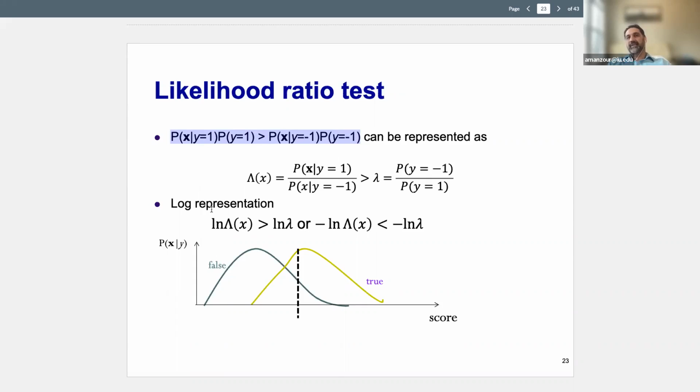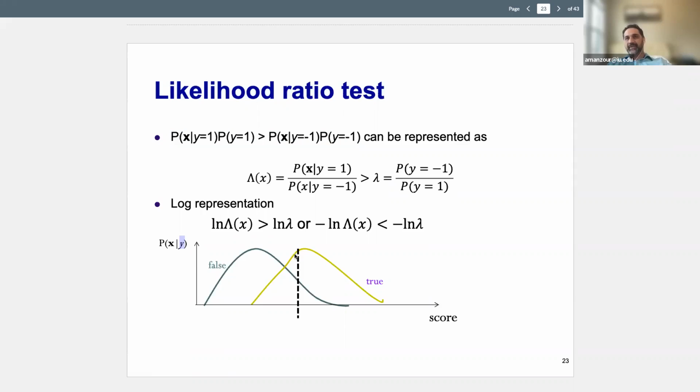It makes life easy for mathematicians. But the whole idea is that I am dividing two values of P of X for alternative values of Y, and if it's higher than a threshold, I will make a decision about Y.